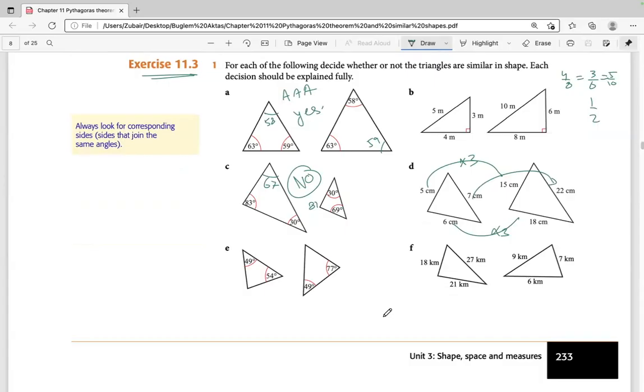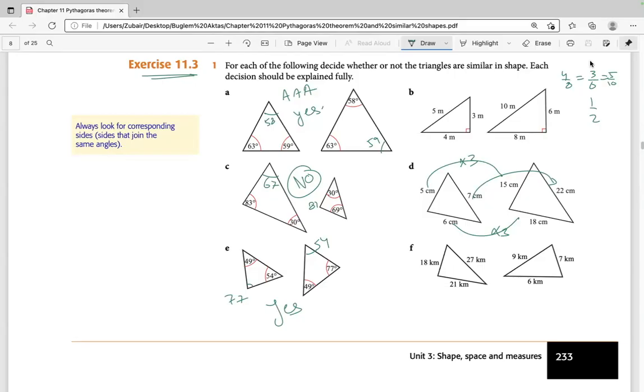E part: 180 minus 49 minus 54, I'm getting 77. So that's a yes, all angles are the same. Last part, F. No. That's a yes.